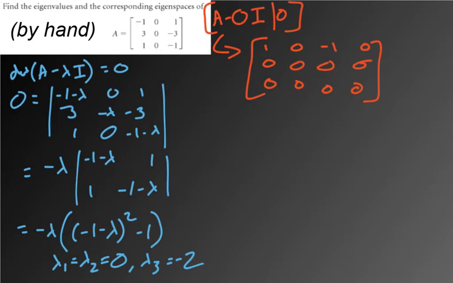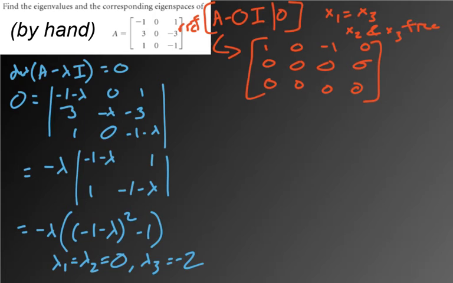Actually, I should write that this is the RREF of that matrix. What this is saying is that x1 equals x3, and x2 and x3 are free to be anything. There are no requirements on them.